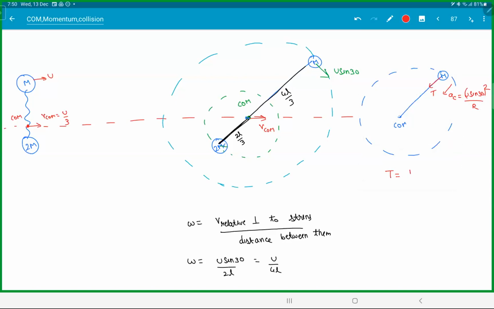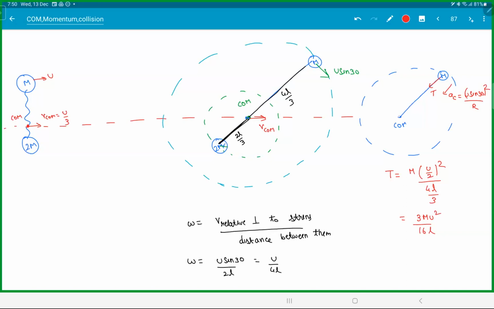So tension will be M into U sine 30, that is U by 2 whole square, and radius is how much? 4L by 3. So this would be 3 M U square by 16L. Check. You could have taken the 2M also, you'll get the same answer. In case of 2M, the radius will be smaller, na? 2L by 3.